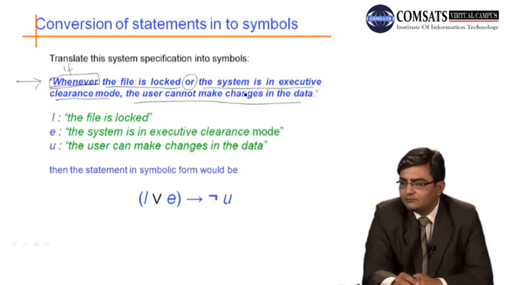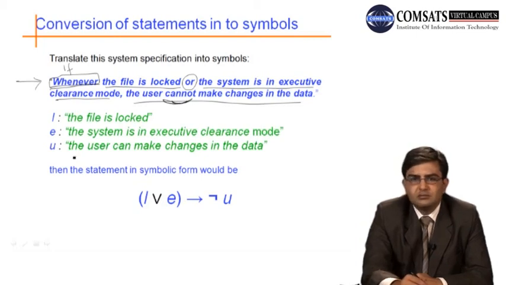So we have three statements in this sentence. If we take the file is locked as L, the system is in executive clearance mode as E, and U as the proposition the user can make changes in the data. Here we have cannot, but we can write the negation of U.